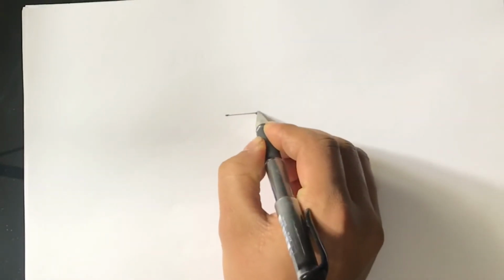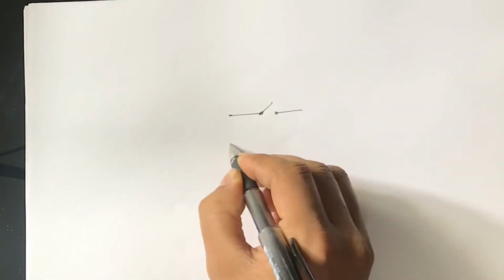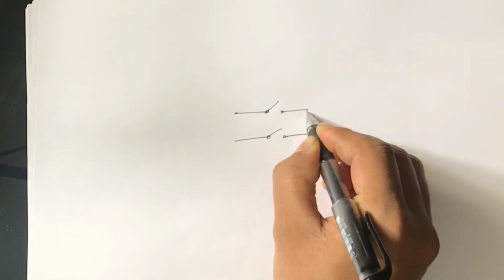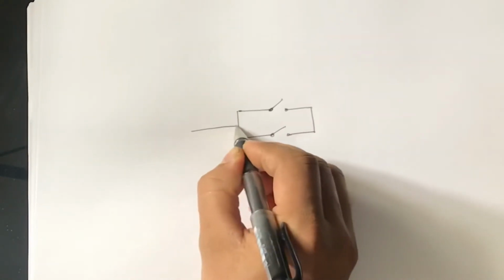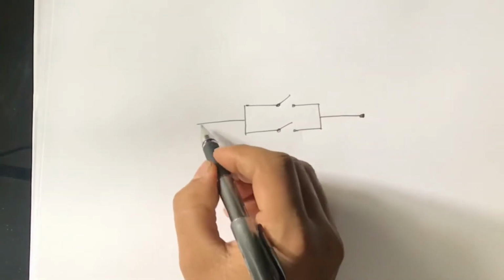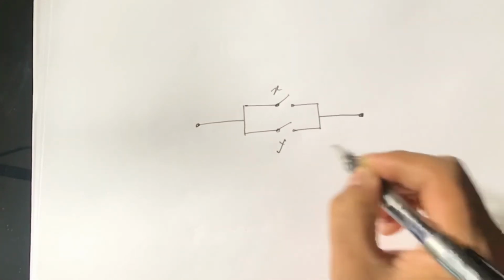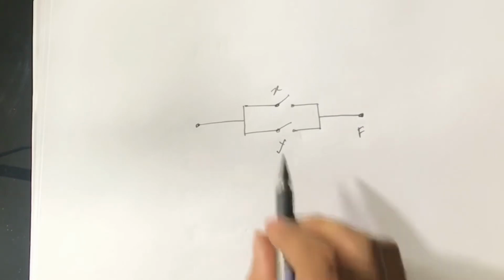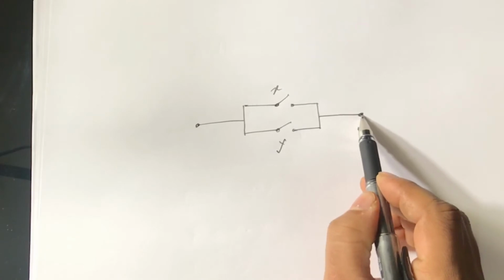If we connect two switches in parallel, and you want to get the output from there, in that case, if either of the switches is connected, you can get the output from here.